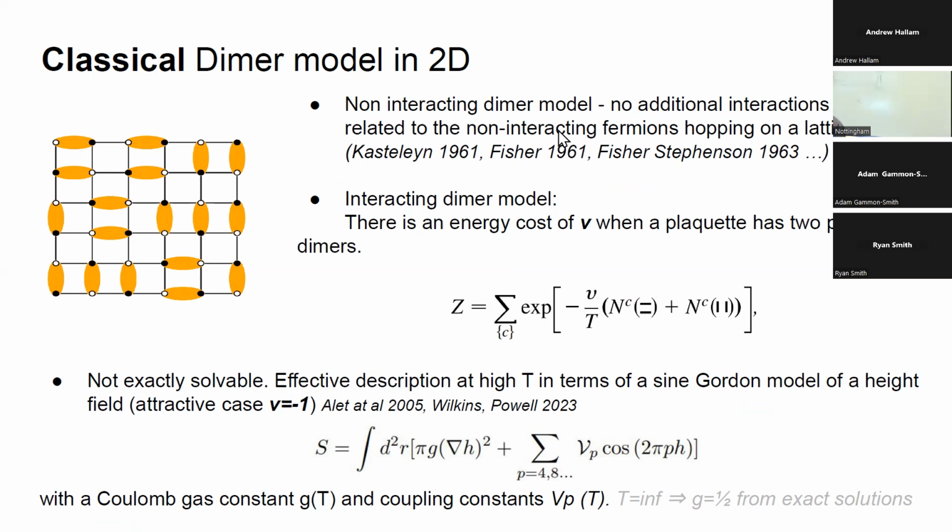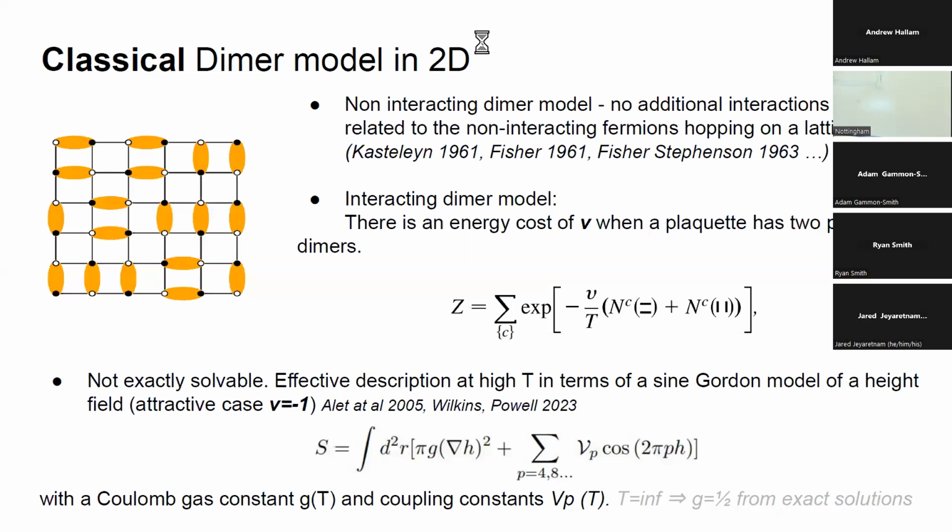That describes the non-interacting dimer model. Correlation functions in this can be mapped to correlation functions of a fermionic system, and this has been known since the 1960s.